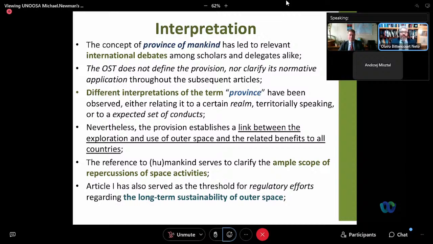The concept of province of mankind, or humankind for that matter, has led to international debates among so many scholars and delegates, and sometimes very heated debates. And one must realize that the Outer Space Treaty by itself does not define the provision, nor clarify its normative application throughout the subsequent articles of the treaty.